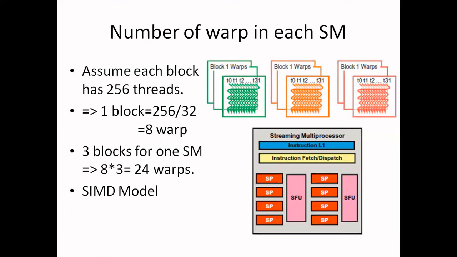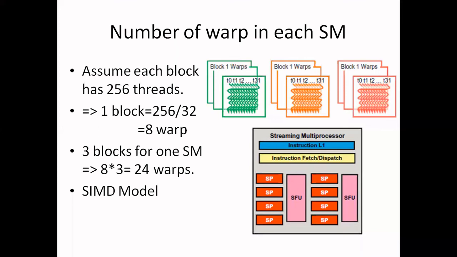So that is why we have read something like warp scheduling. There are multiple warps to execute on this streaming multiprocessor, so we will have to schedule these warps. You also remember something called SIMD model.